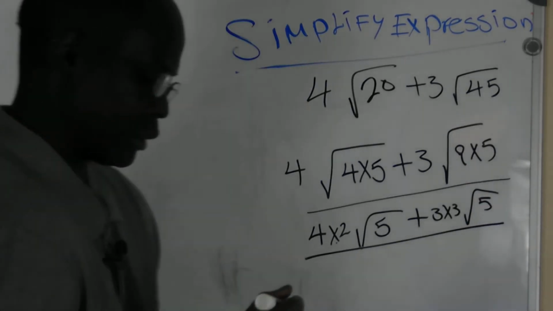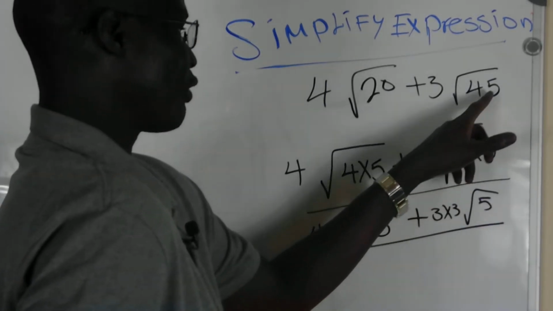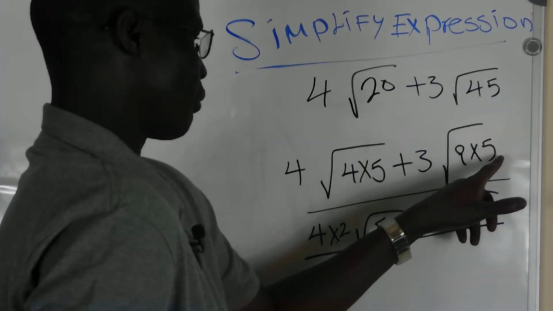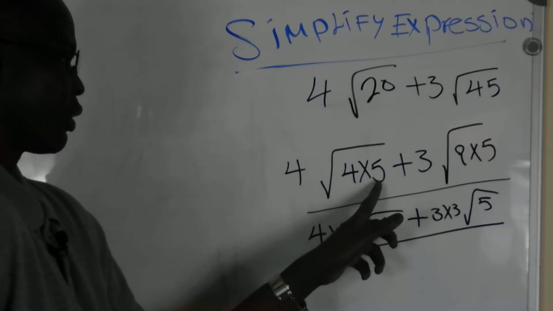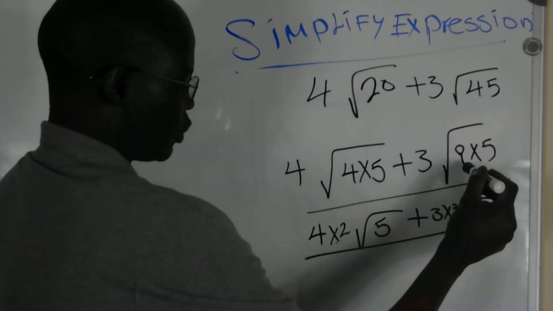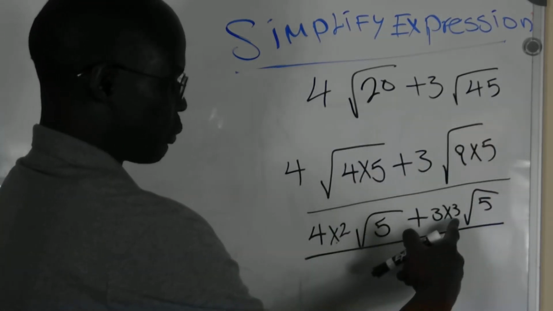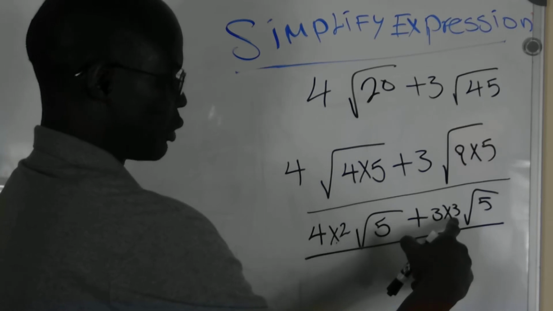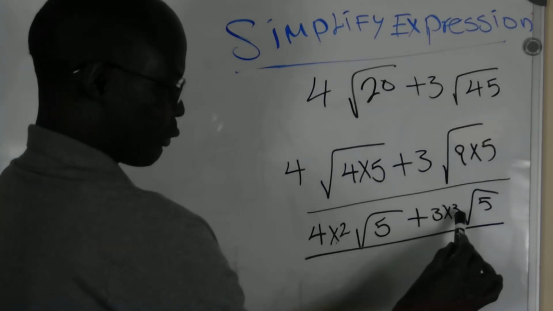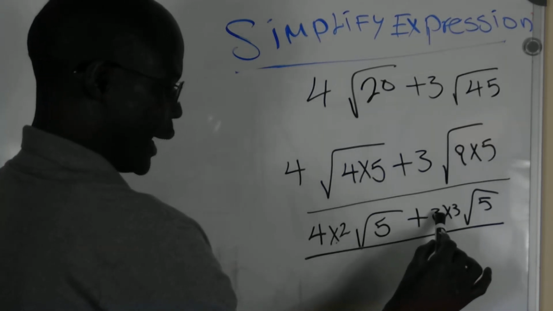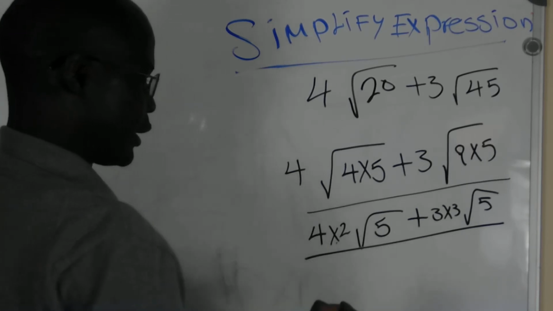Let's go through it again. What we've done here is 45 is 9 times 5, and 20 is 4 times 5. The square root of 9 is 3, so 3 is going to come out, and 2 is going to come out of the 4. So 3 times 3 is 9, and 4 times 2 is 8.